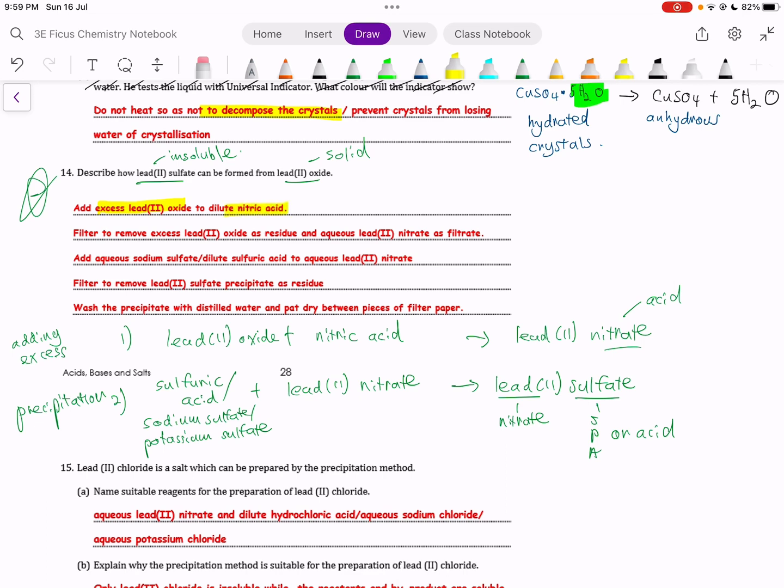Then you filter to remove the excess lactose oxide as the residue, and then aqueous lactose nitrate as the filtrate. So these two parts are the adding excess part. Then you prepare your lactose nitrate. Then subsequently is the precipitation part.